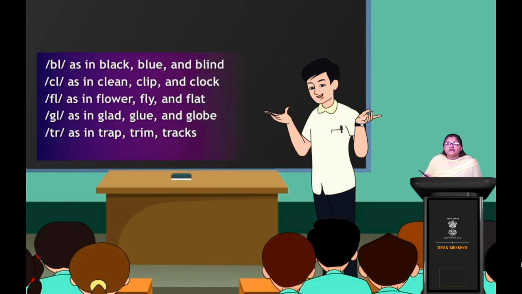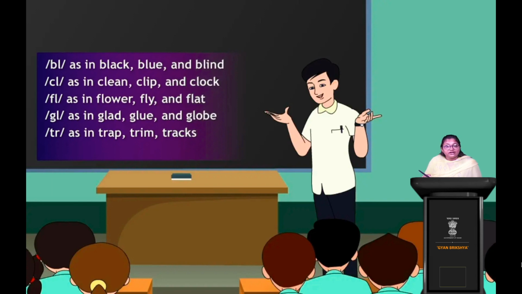Okay. Now, GL, try to frame words with GL. It's glad, glue, globe, fine. What else? Other than that, glide, there is a word called glide, right? Then TR: trap, trim, tracks.